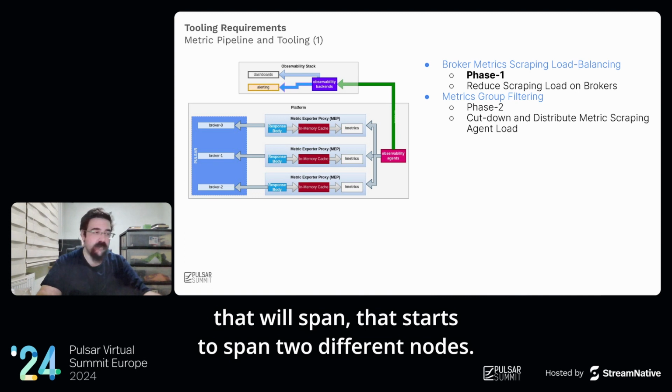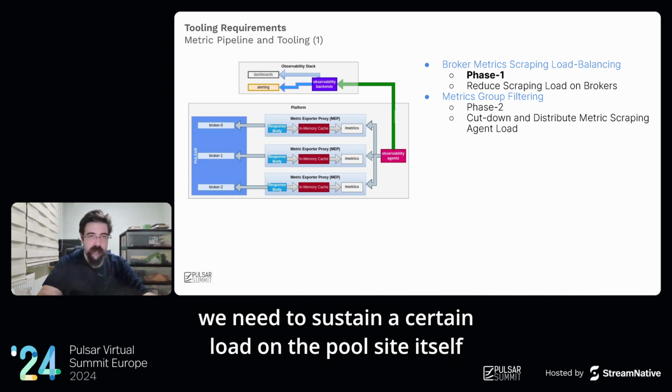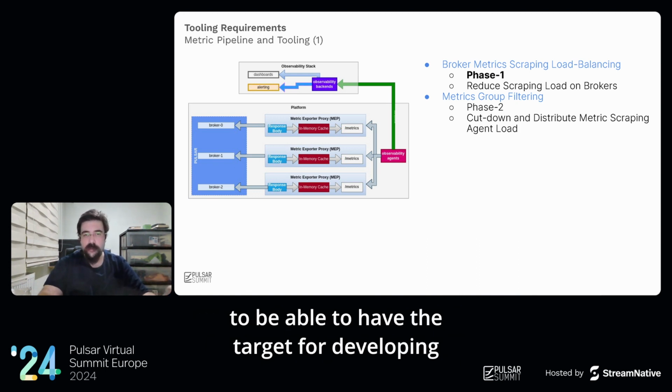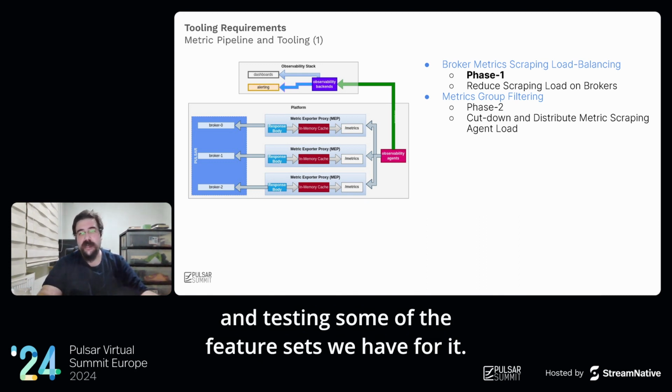So our initial setup of just running a few containers by ourselves evolved into a form of compose-based setup that started to span 2 different nodes. And when we started to go into the metrics group filtering, we needed to sustain a certain load on the Pulsar itself to be able to have the target for developing and testing some of the feature sets we have for it.